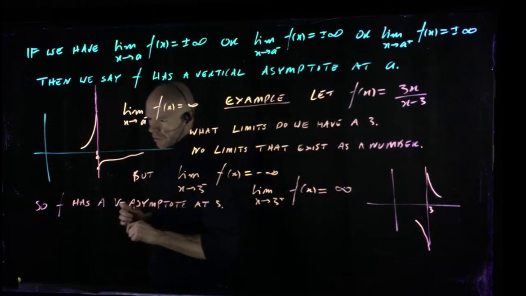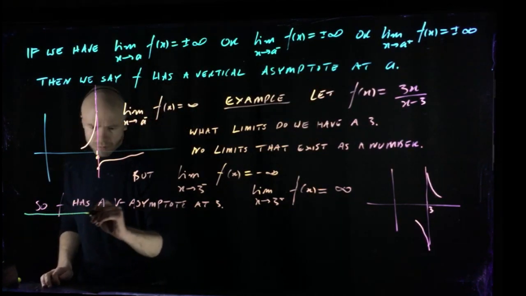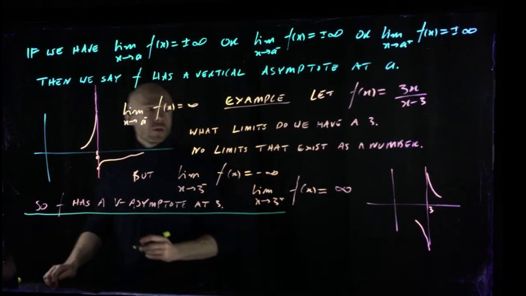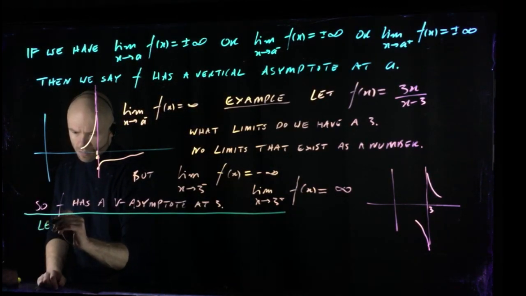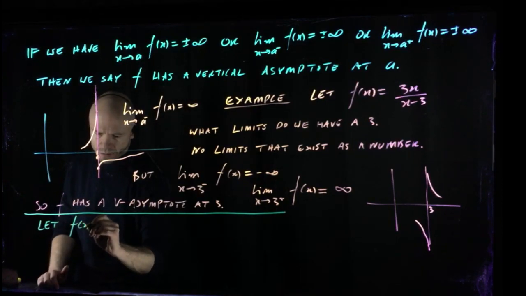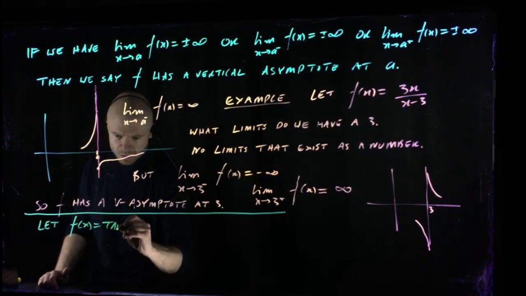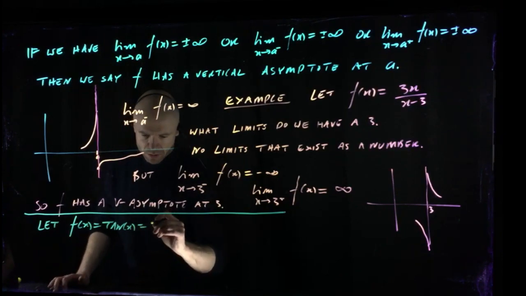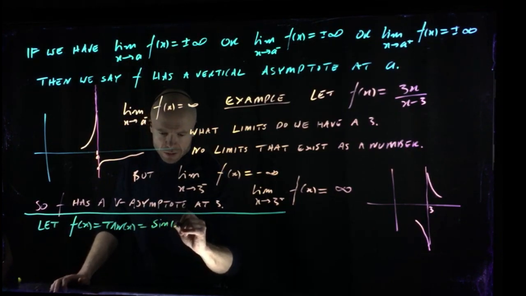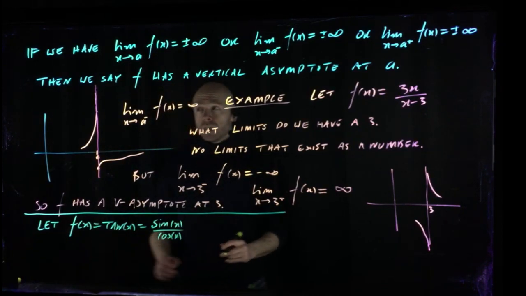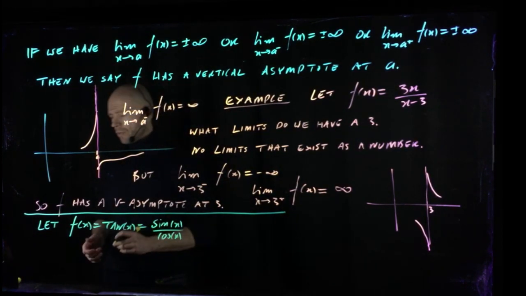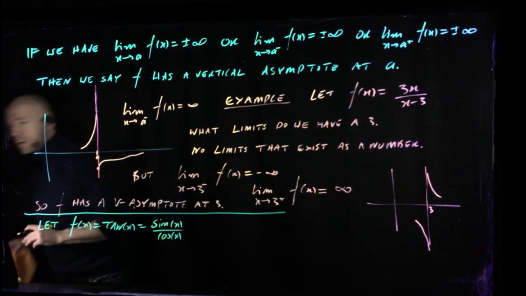Let's consider this function. So let f of x be tan of x, which is sine of x over cosine of x. Okay, sine and cosine are these basic elementary functions whose graph hopefully you are quite comfortable with.